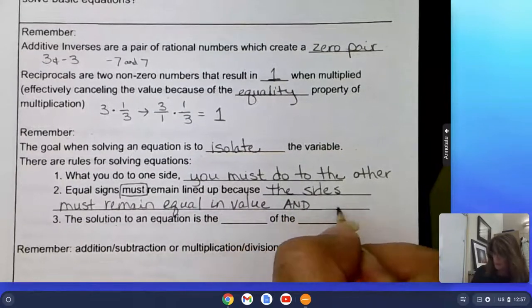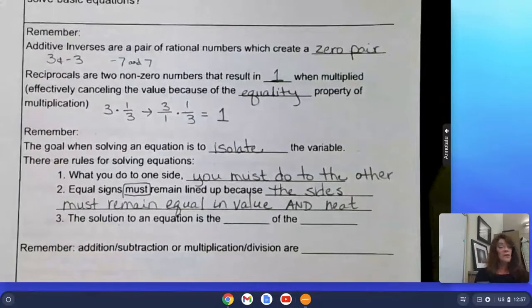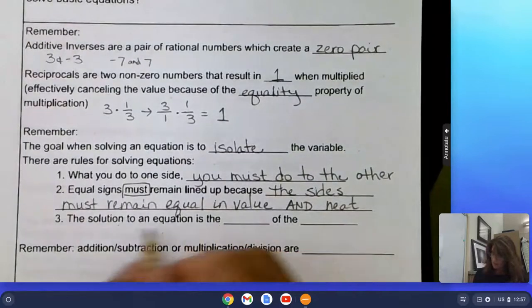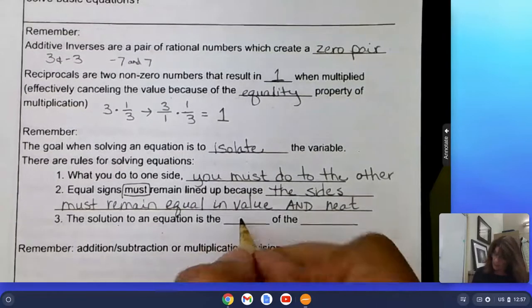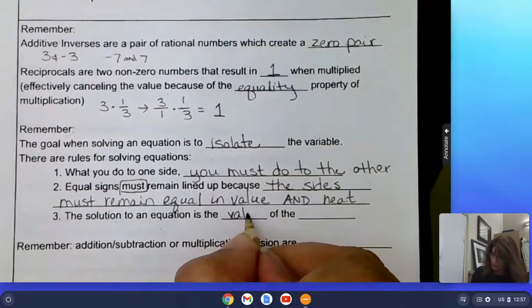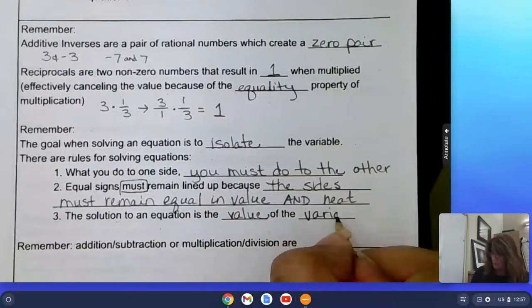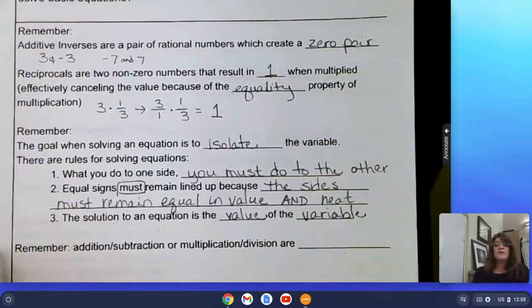and neat. Okay, you never want your sides to become unbalanced. Okay, the solution to an equation is the value of the variable. So we're not trying to find x, we're trying to find the value of x.